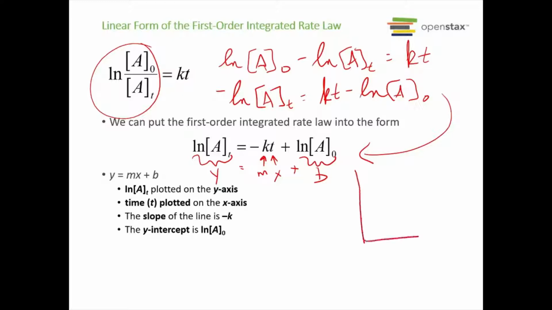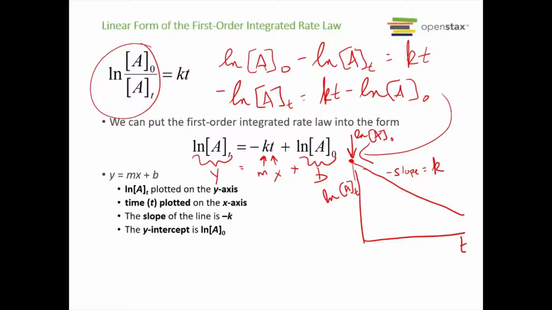So if we're plotting our data for a first order rate law, time is on the x-axis, and the y-axis is the natural log of our reactant. The negative slope of our line is equal to our k. So we'll get a line that looks like this. And your y-intercept is equal to the natural log of A naught.